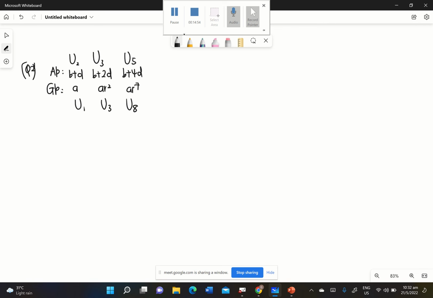So I'm going to equate now. I have A equals B plus D, AR squared equals B plus 2D, and AR^7 equals B plus 4D. Okay, what do you minus? Take 2 minus 1 and 3 minus 2. Very good, well done.